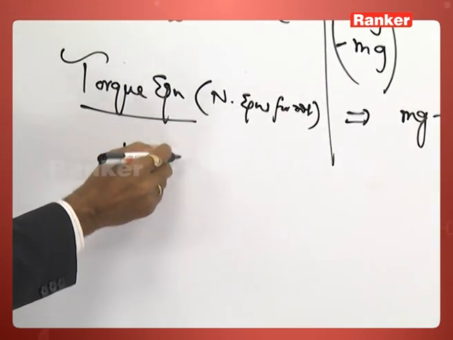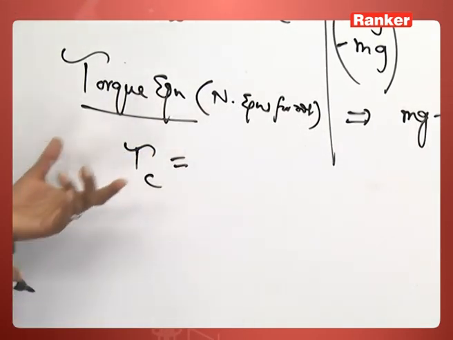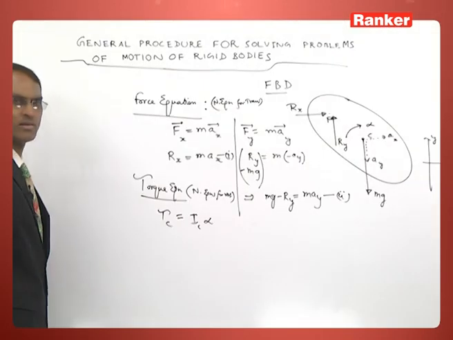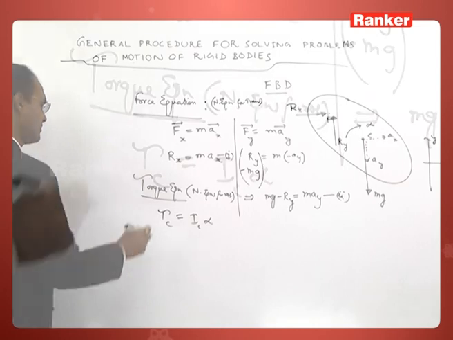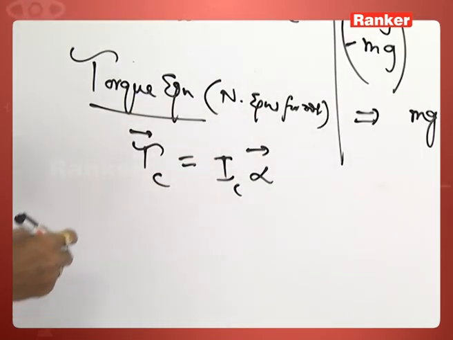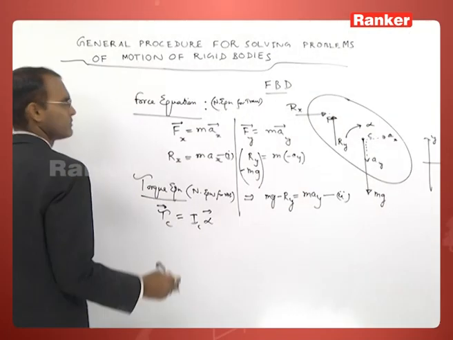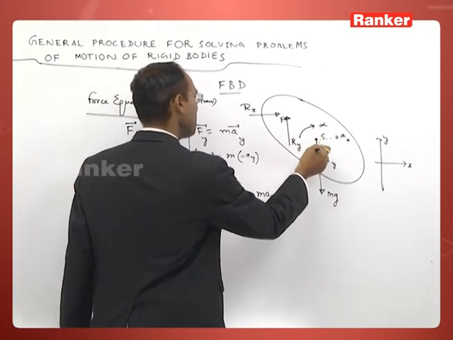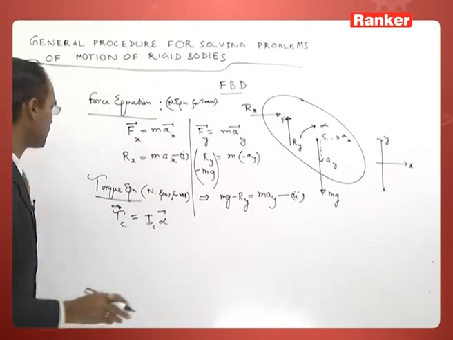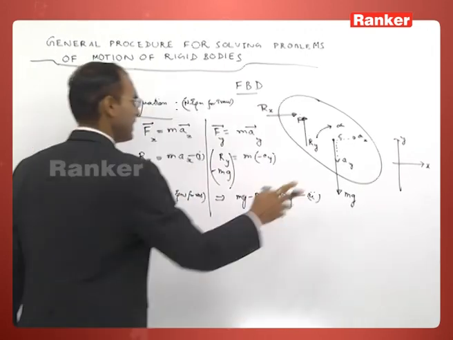About the center of mass, take the torque and equate it to Ic into alpha. In vector form you write first. Since the gravity passes through the center of mass, it cannot produce a torque about the center of mass axis or z axis.